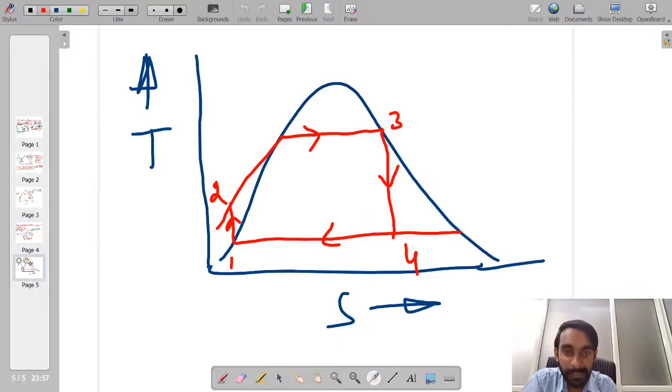So now if you see, the temperature within the turbine will always be greater in comparison to the temperature at point number 1.